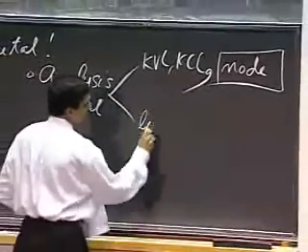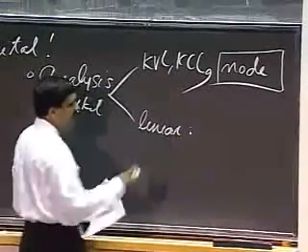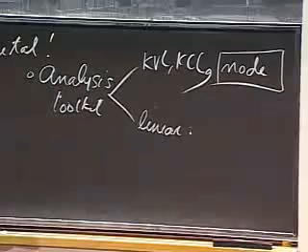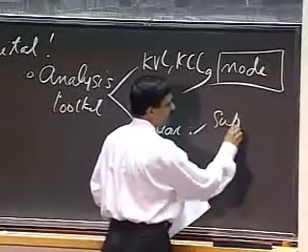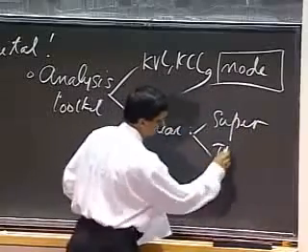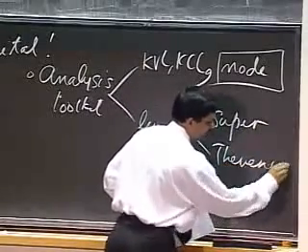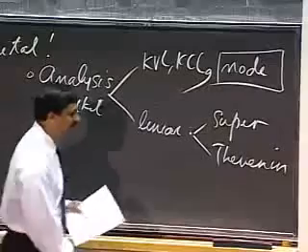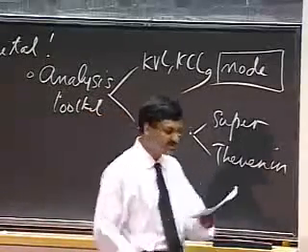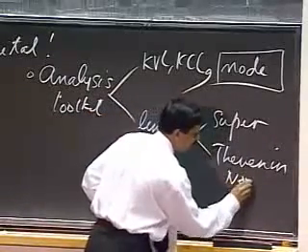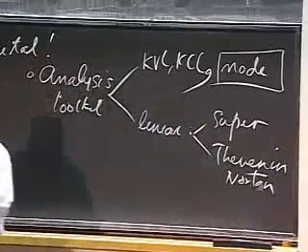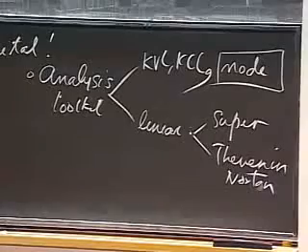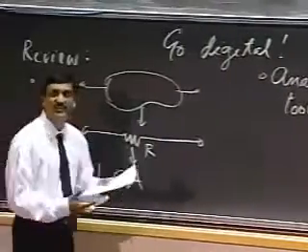For linear circuits, other methods also apply, and these include superposition, the Thevenin method, and in recitation or in your course notes, you would have looked at the Norton method. So that's what we did so far.